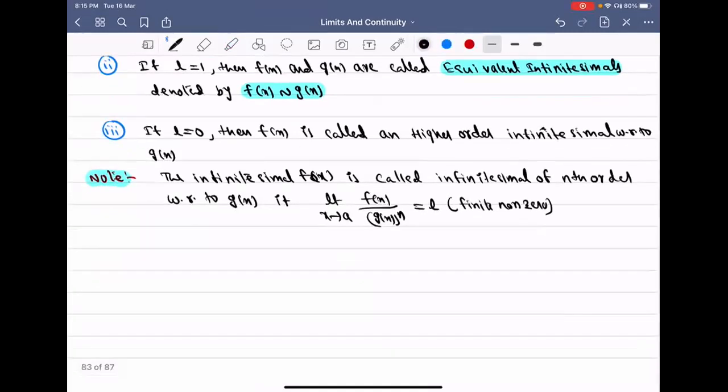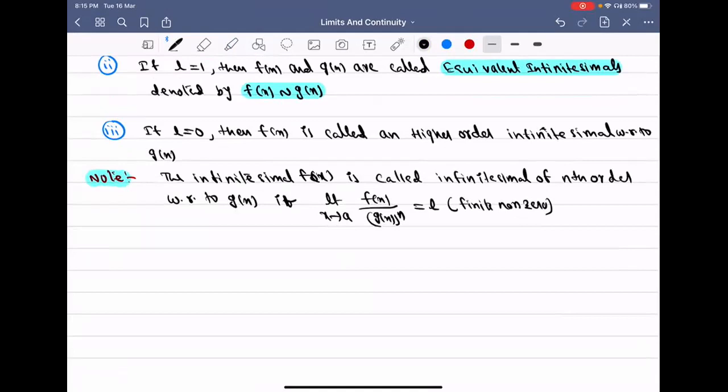The infinitesimal f of x is called an infinitesimal of nth order with respect to g of x if limit as x tends to a of f of x over g of x to the power n is equal to L. Here L is a finite non-zero quantity.